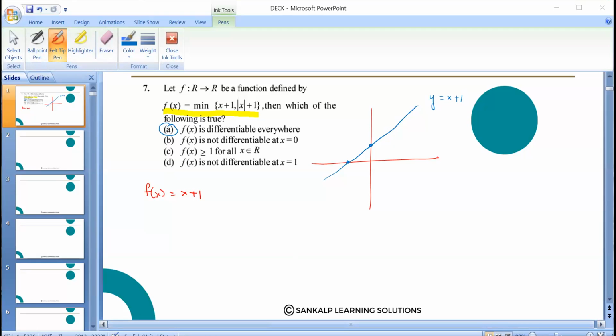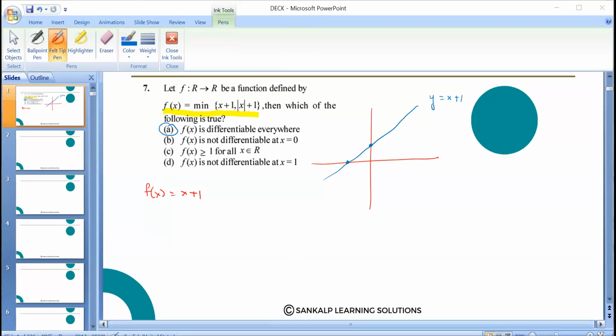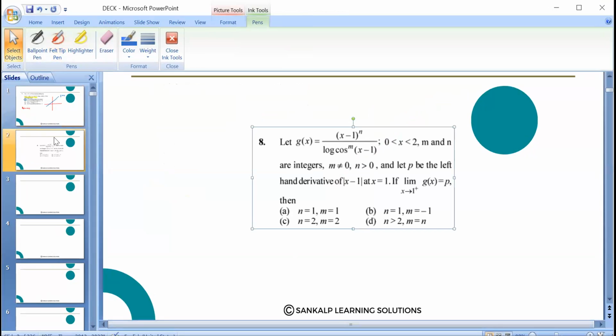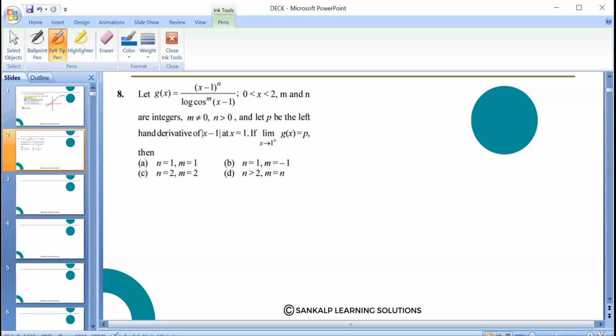Next, I'll put question number 8 on the screen. P of x is given as x minus 1 whole power n by log of cos power m of x minus 1, m and n are integers.